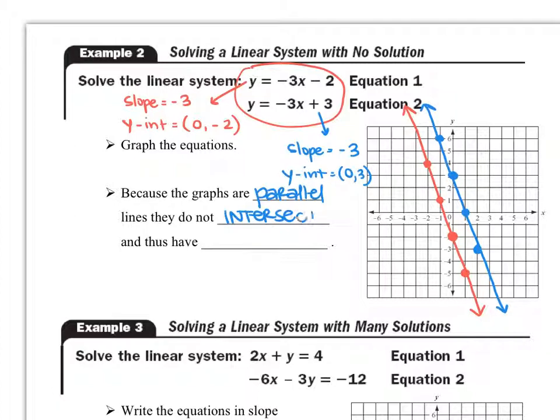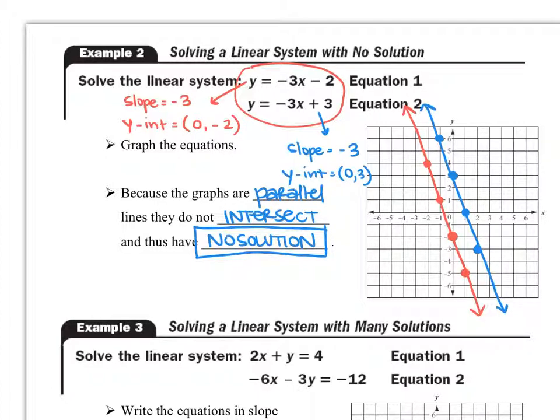And again, we are looking for the point of intersection. So if they never intersect, they have no solution. And when you're doing your homework, all you have to write is no solution. That's your answer. And again, what we can see as we look at these lines is there is no ordered pair that is going to be a solution to both equations because there's no point where these lines intersect.